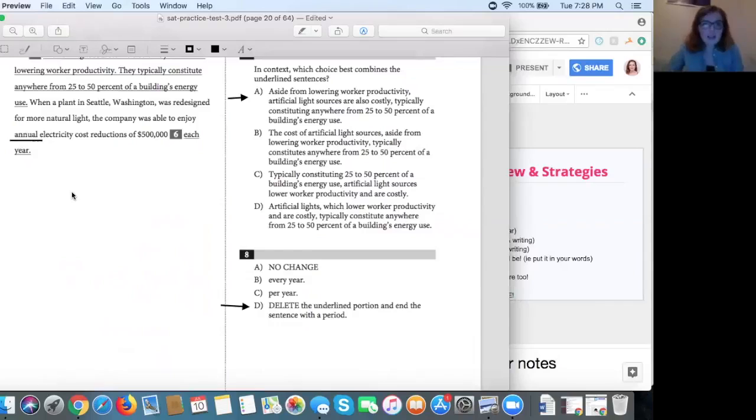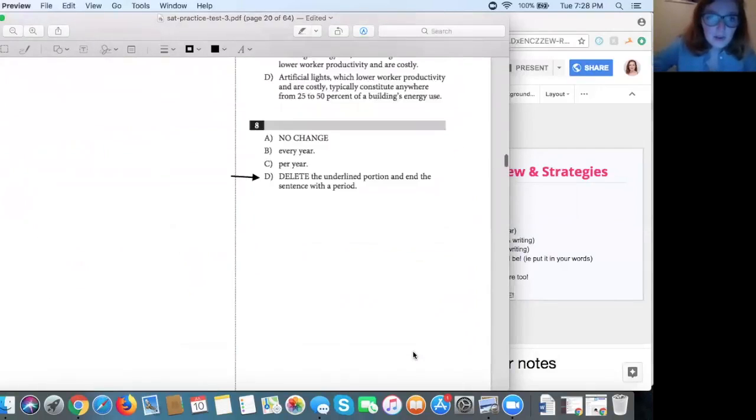So that is how I came to conclude that D, we already have annual, which means every year. So we don't need to reiterate that. We don't need to hit them over the head with that much information. Clarity, conciseness, no redundancy. It's all they love.